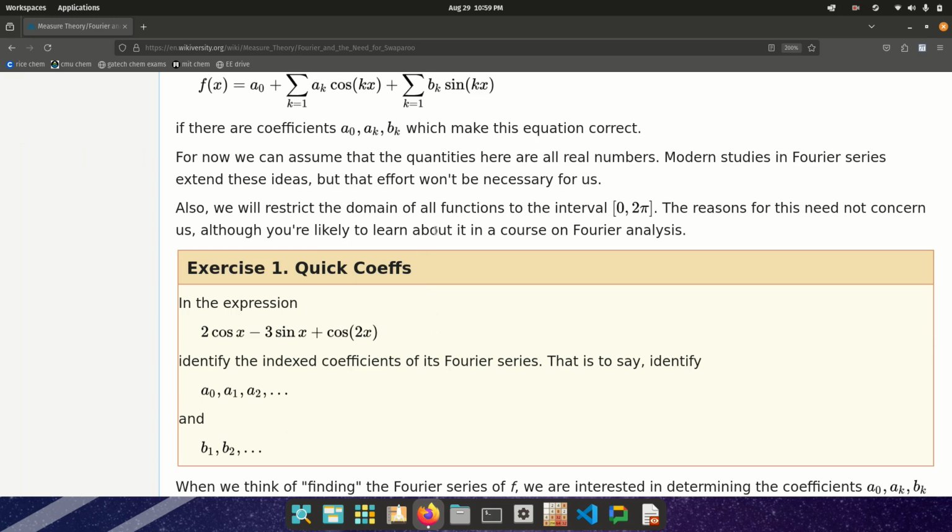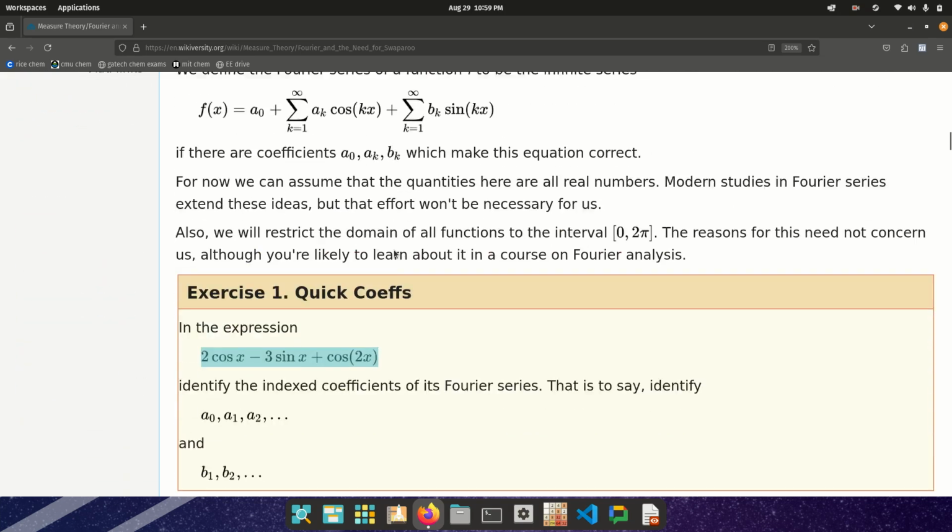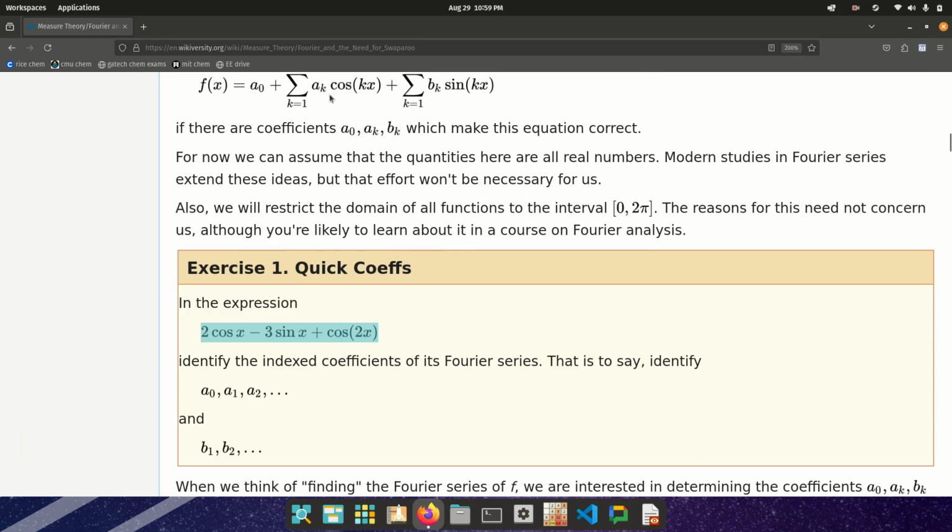So just as a very quick exercise, let's take this expression and identify what is a sub 0, what is a sub 1, and so on. So we're getting the coefficients of this complex sinusoid. If we look back up at the formula for the Fourier series, what is a sub 0?